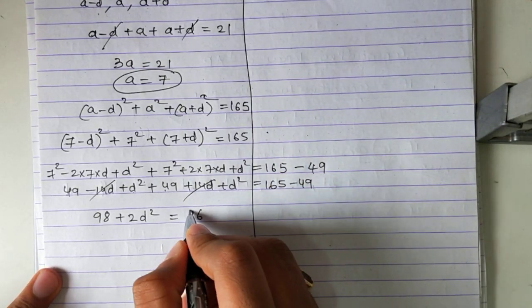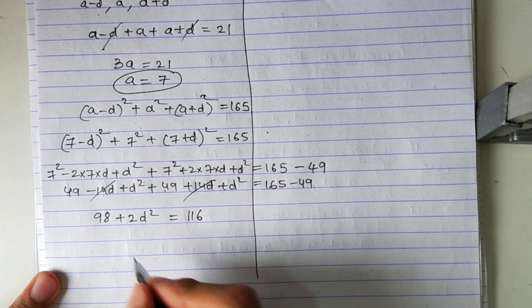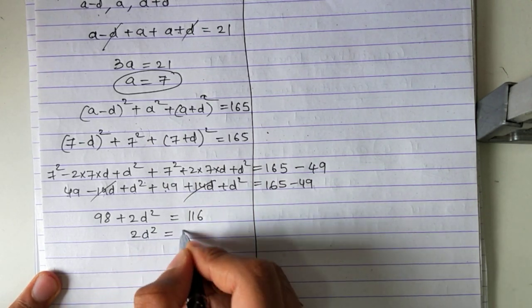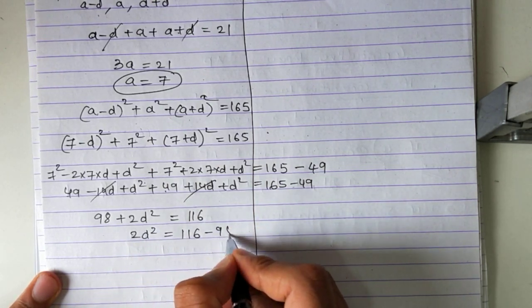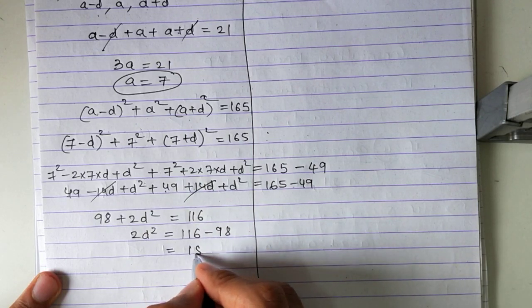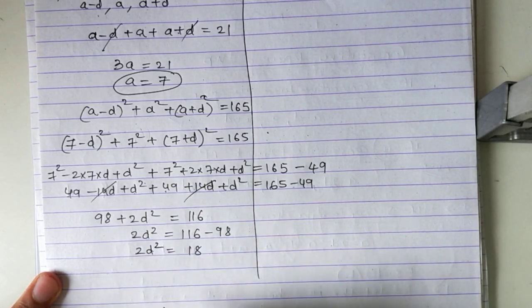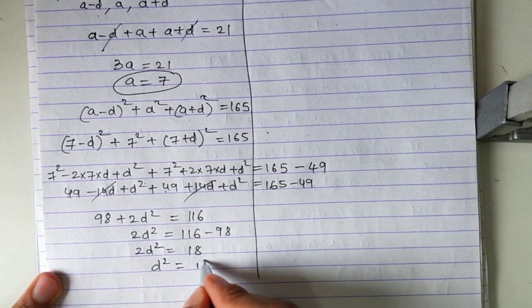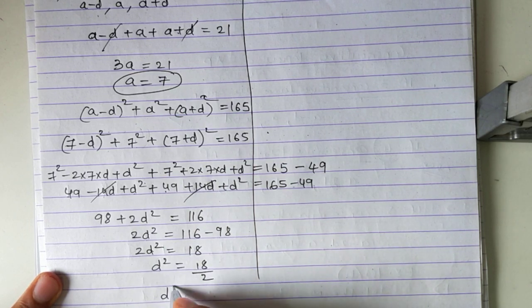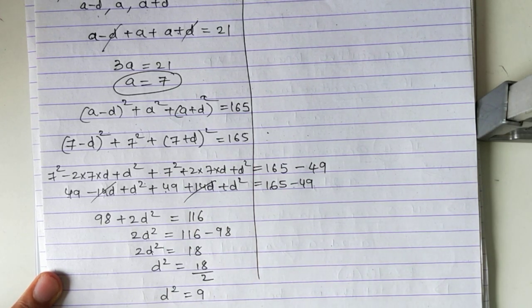And then 2d square is 116 minus 98, that is 18. So d square is 18 upon 2. d square is 9.